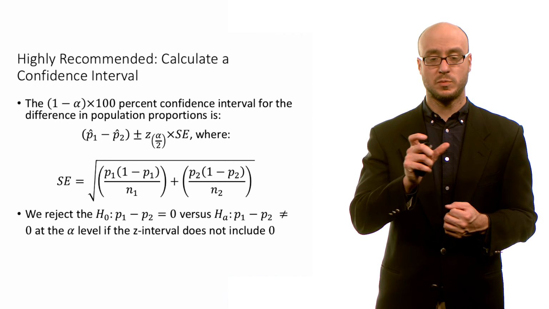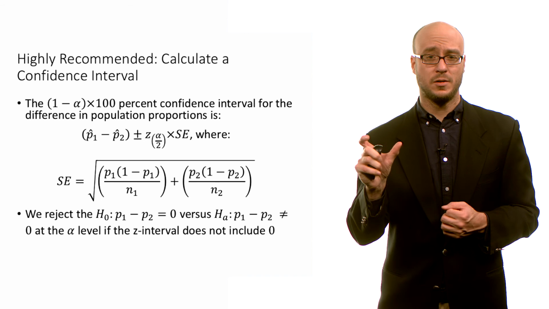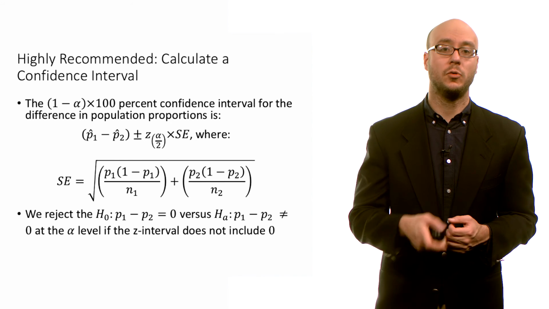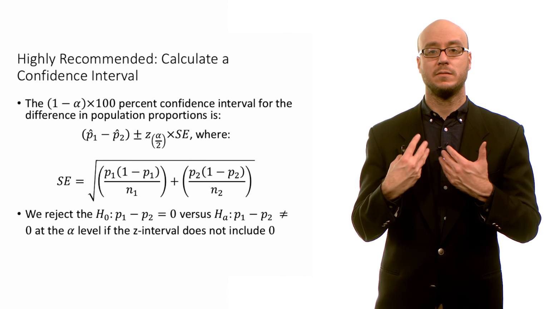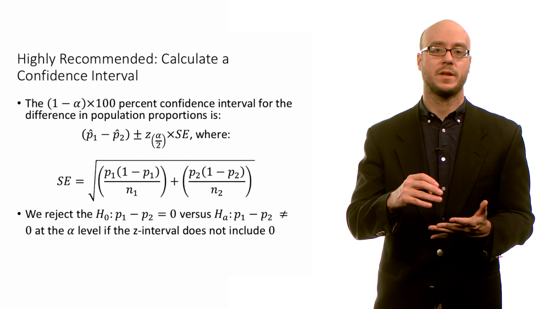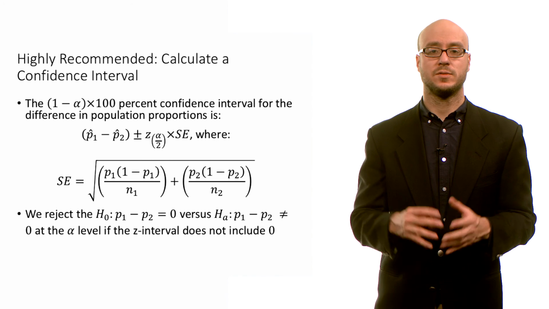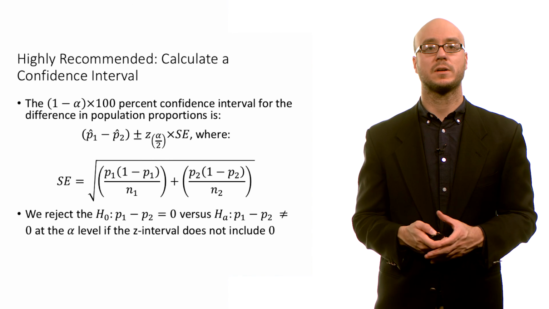So if that z-interval is centered away from 0, then that suggests we can reject that null hypothesis. So you can see that p-values, test statistics compared to a critical value, and the confidence interval all can lead to a similar kind of conclusion. So we're going to go through a few examples of going through the steps of hypothesis testing for a difference of proportions.